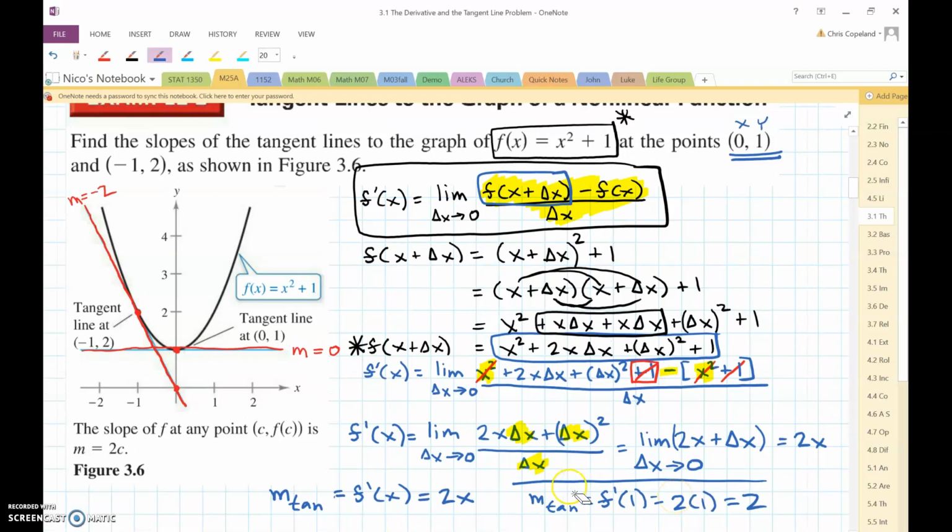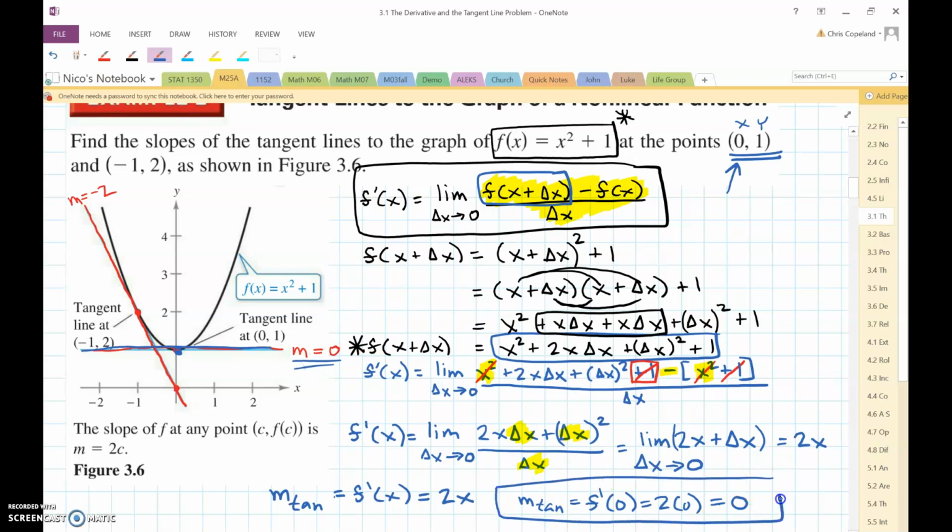Excuse me, I messed this up. This should be the slope of the tangent line, which is equal to f prime. X is 0 here. So this would be 2 times 0, which would be equal to 0. So that makes sense right here. The slope of this line here is 0. This is using the calculus to show that.